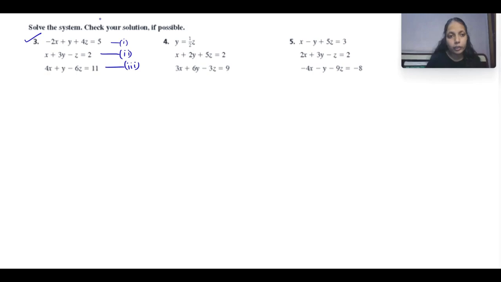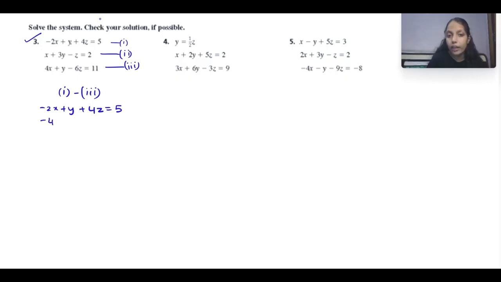To simplify this, I am subtracting the first equation and the third equation. First minus third. The first equation is negative 2x plus y plus 4z equals 5. The third equation, I have to add. No, we will subtract it. Subtract, so the third equation is multiplied by negative.